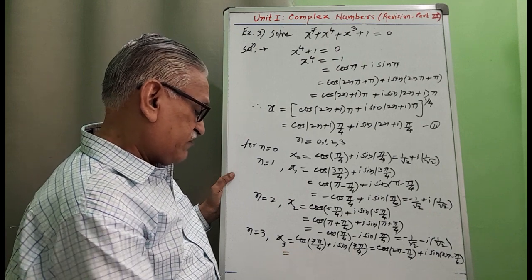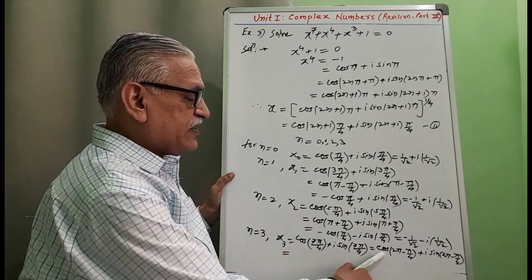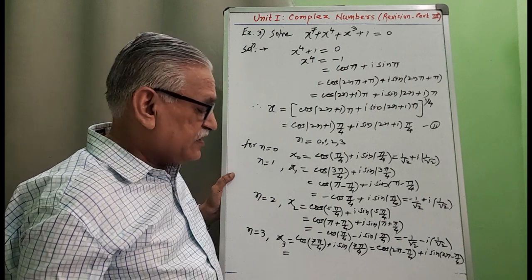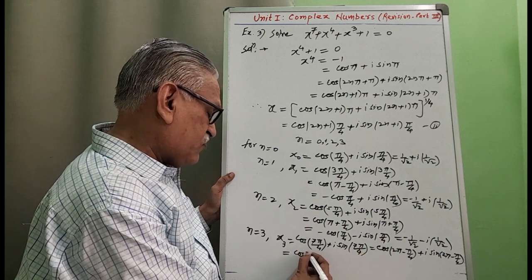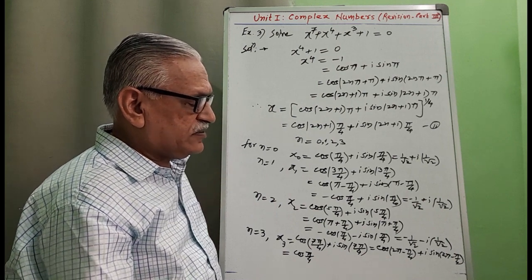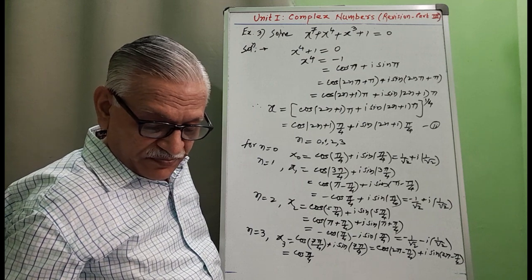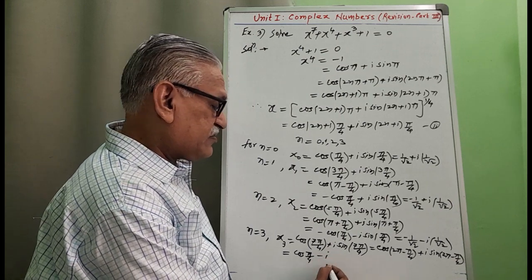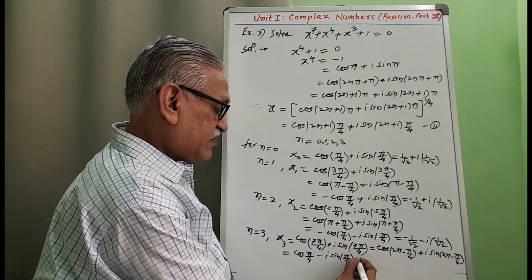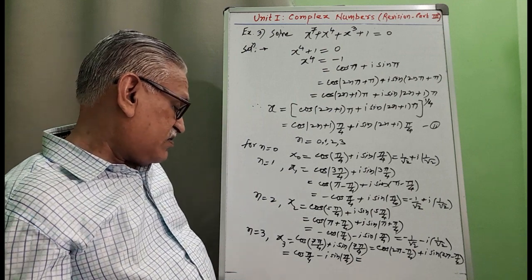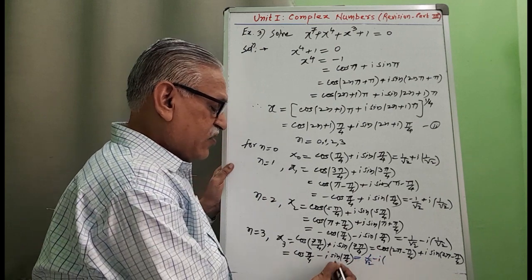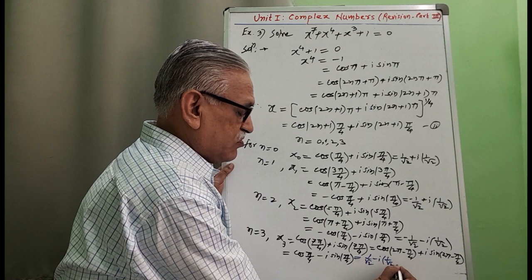That is equal to cos(2π − θ) is cos θ, and therefore it is cos of π by 4, and sine of (2π − θ) is minus sine θ, therefore minus sine of π by 4. So minus i times the value of sine π by 4 is again 1 by root 2.